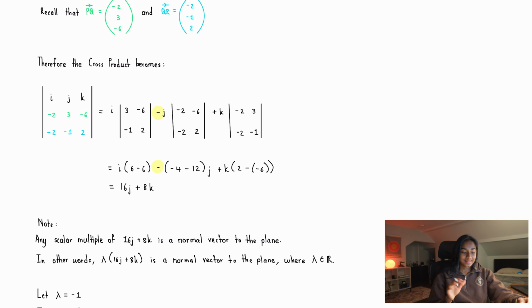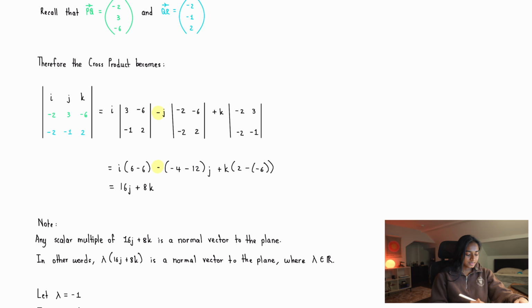So we know that any scalar multiple of 16j plus 8k would be a normal vector to the plane. Lambda multiplied by 16j plus 8k is a normal vector, which means perpendicular, where lambda is literally any real number.